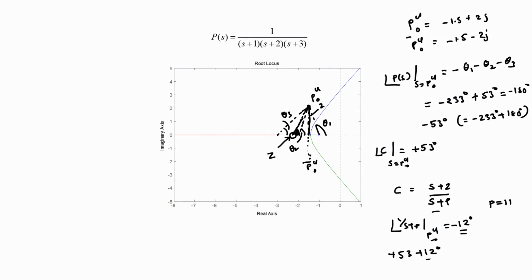This plus 12 degrees compensates for the extra negative phase contributed by the term S plus P. In other words, the zero has to subtend an angle of plus 65 degrees at the point PCL naught. The angle of S plus Z at the point S is equal to PCL naught has to be equal to plus 65 degrees.